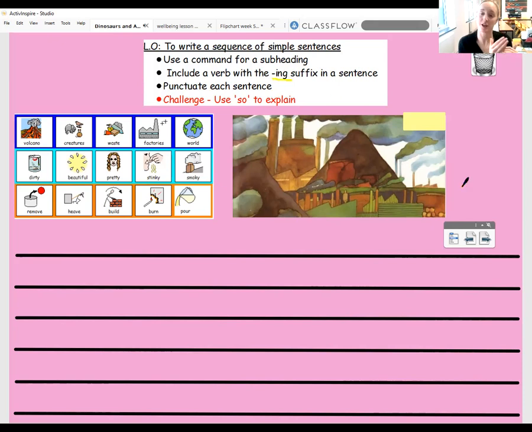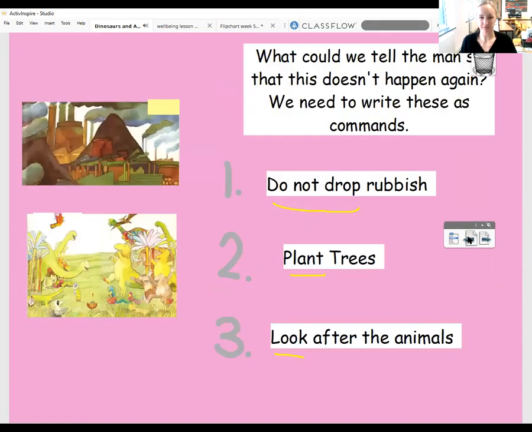So this builds on with our learning that we did yesterday. We're going to punctuate each sentence, and my challenge is to use so to explain, but we might even snip in a few more challenges for you to do in your writing. So let's flick back and see what I'm going to be doing my section on today. So we're just doing the first piece of writing today, okay?